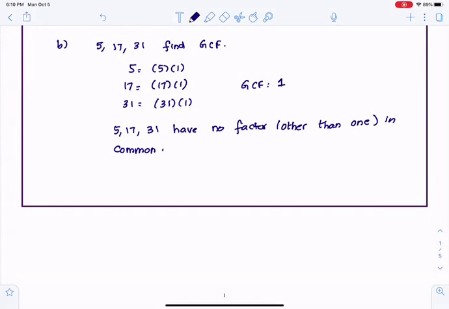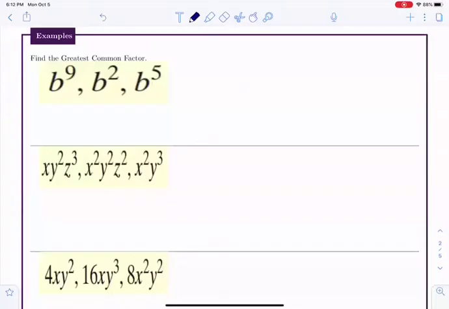We're simply going to take the same process and apply it to variables. And I'll explain the idea in the next page. So we have to find the greatest common factor for b raised 9, b squared, and b raised 5.